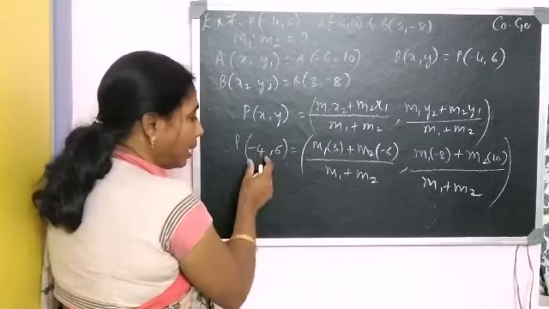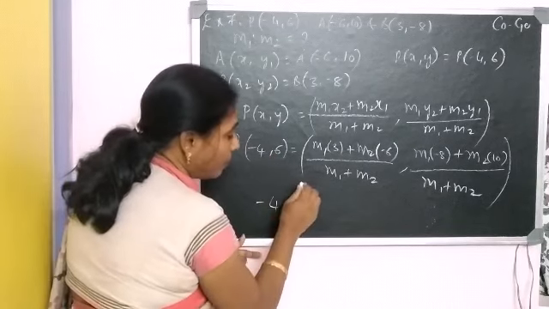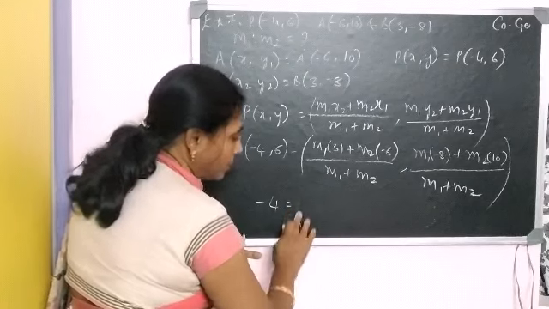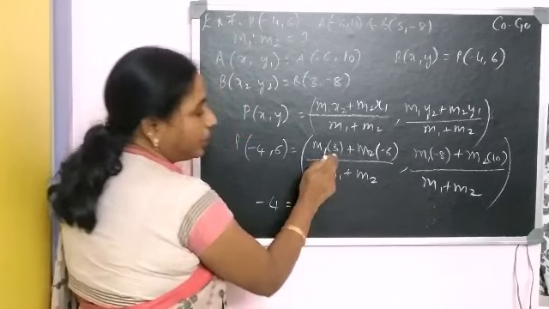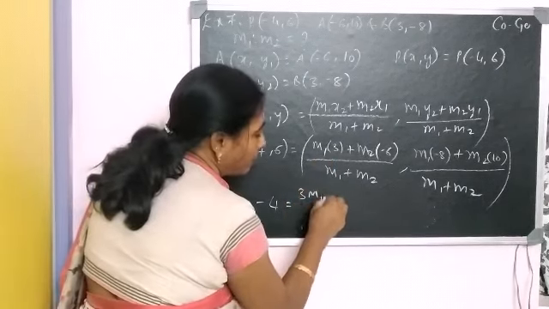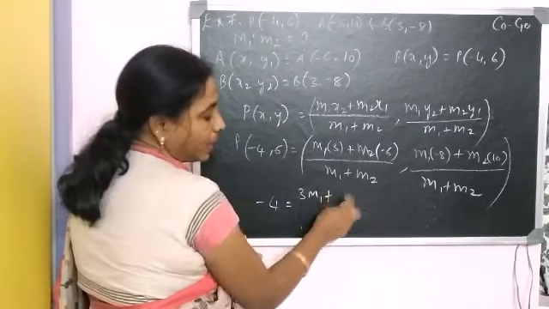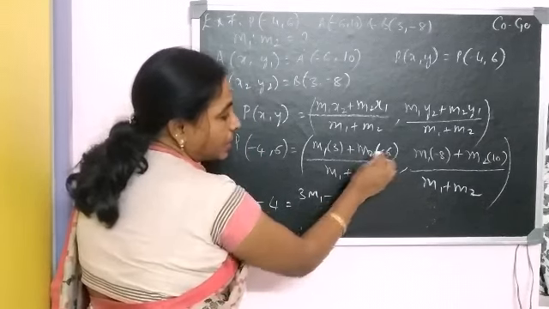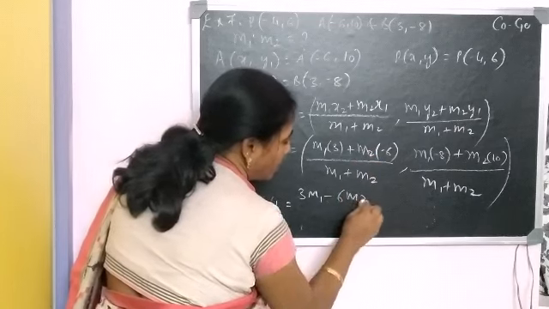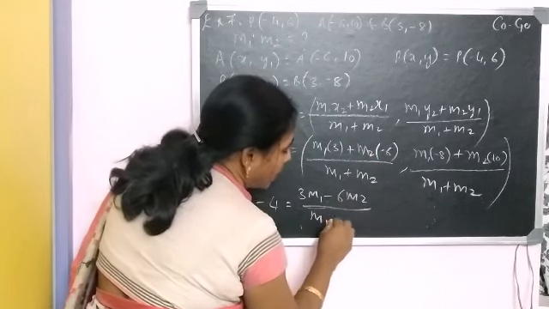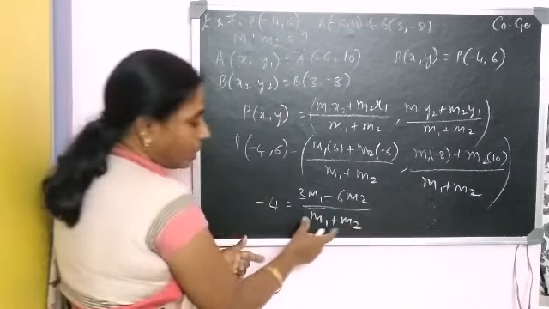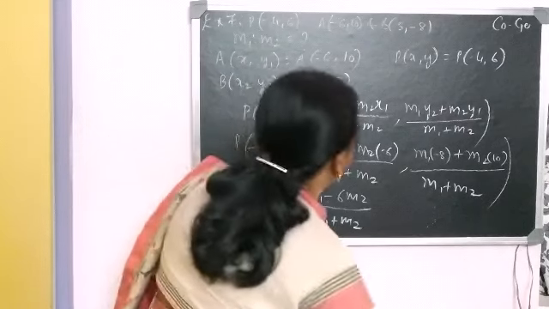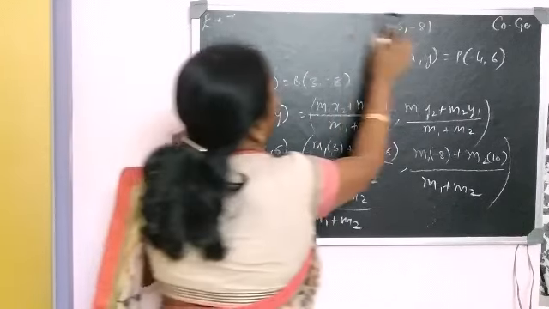First one, what I will do, I will take this minus 4 is equal to, that is first one, m1, 3 into m1 is 3m1. Plus, this is plus into minus is minus 6 into m2 is 6m2 divided by m1 plus m2. We have to bring this to the other side.